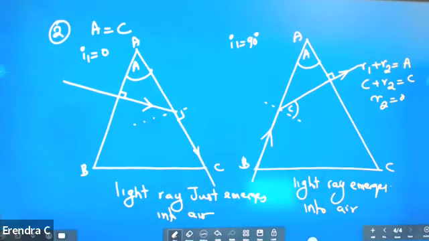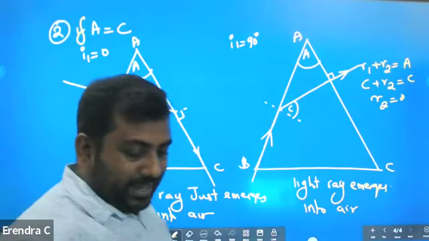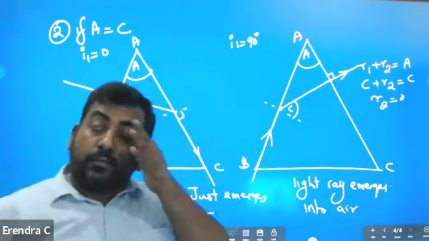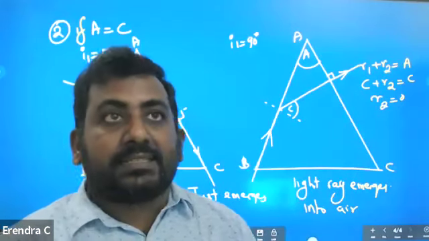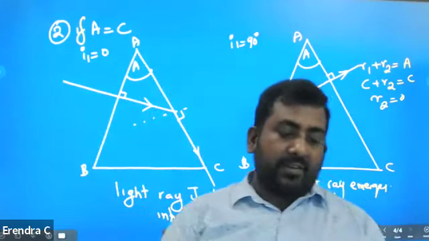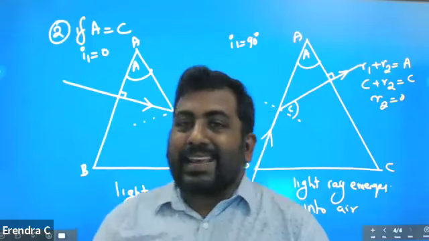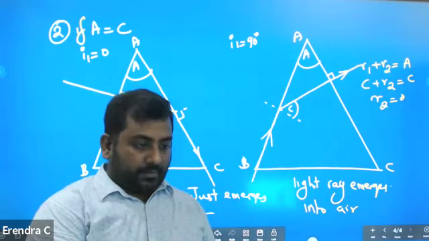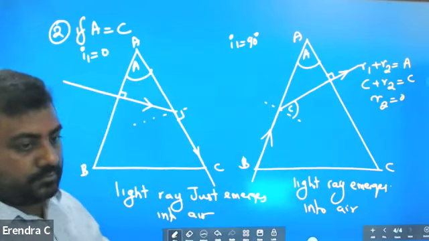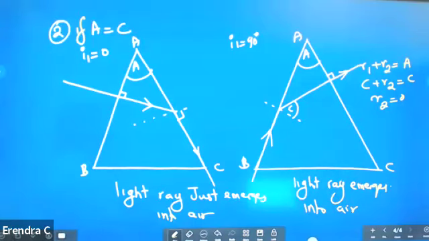Second condition: if A is equal to C, we can show that for any angle of incidence, the light ray emerges into air. So, quickly write down.